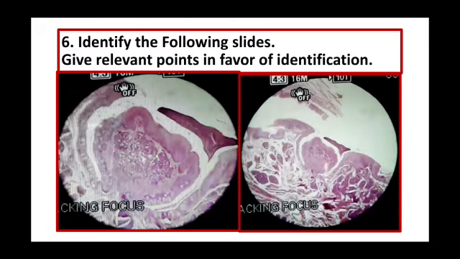So coming to slide number 6. So one is in low power, and one section, the same thing has been focused in high power. So try to identify the slide and give points in favor of its identification.